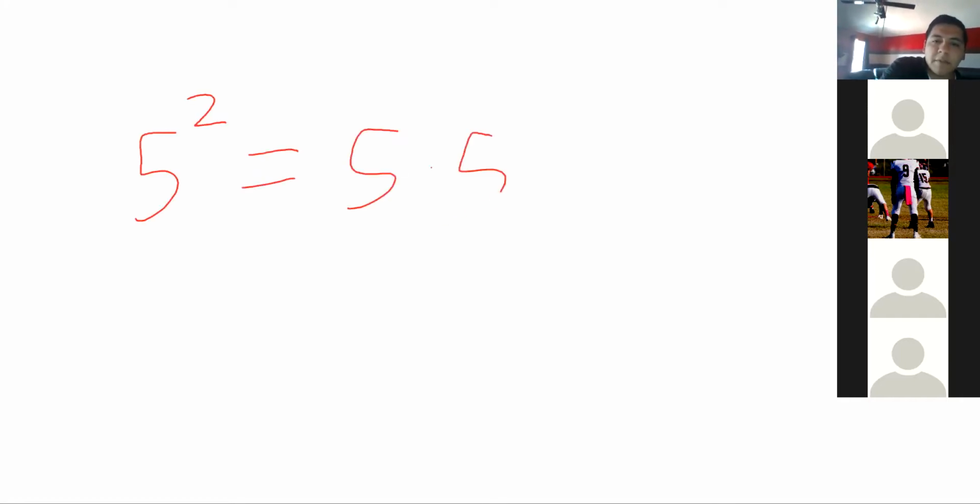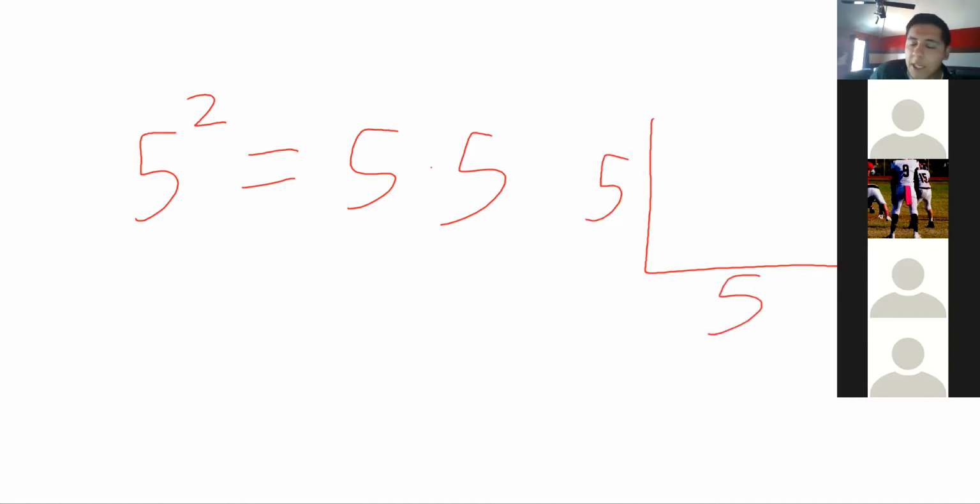So let's first talk about why we call it squaring. So 5 squared, we agree that is the same thing as saying 5 times 5, right? Let's pretend 5 and 5 were the sides of a shape. If we multiply those together, the area would be 25.